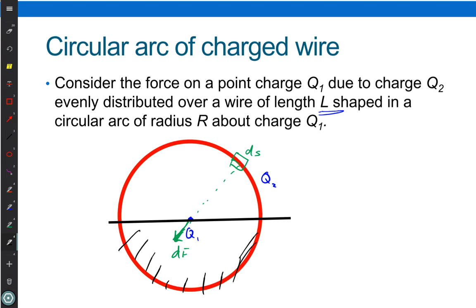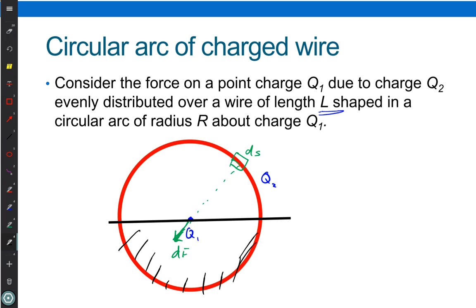Using the same symmetry argument, it's going to have to point straight down. And even if I had used something that was less than half of the circle or more than half of the circle, you could just take the center of the hole and draw the line going through and say it's going to be all that direction, right? So we can make a symmetry argument always to make our lives easier.